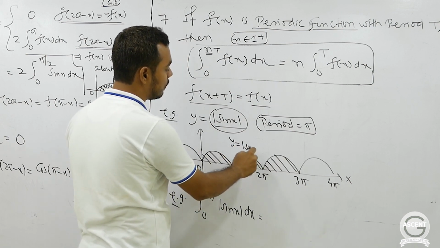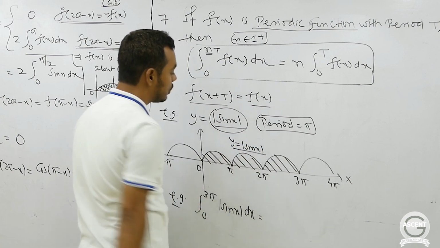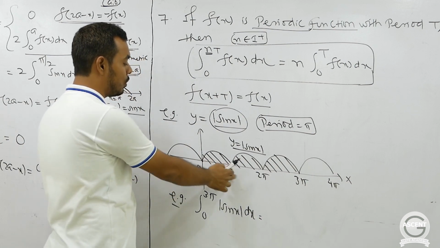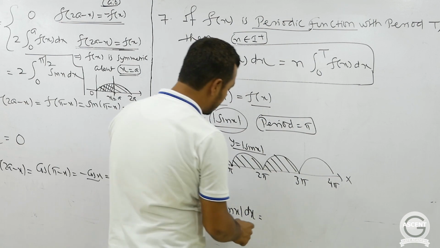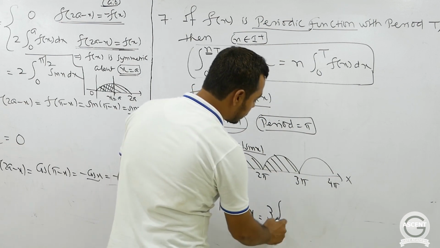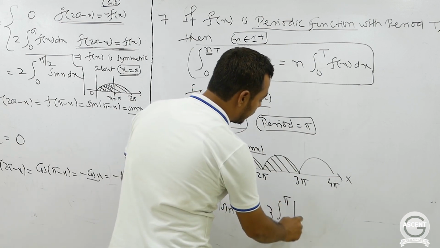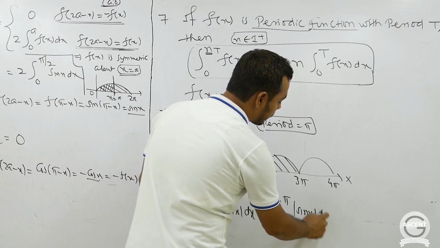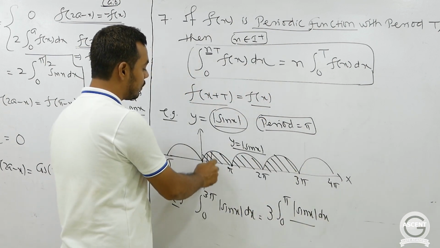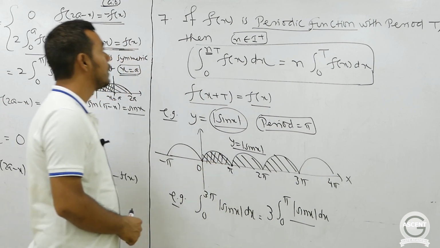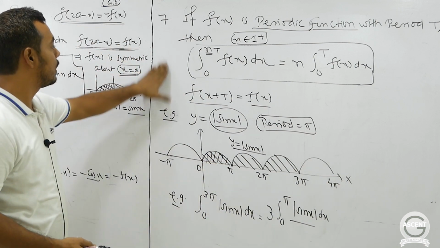You can clearly see that the area between 0 to pi will be the same as the area between pi to 2 pi. So we can write this integral as 3 times the integral from 0 to pi of mod sin x dx. Area from 0 to 3 pi will be 3 times the area from 0 to pi. So this was our 7th property.